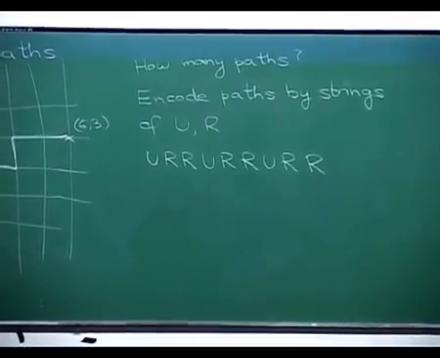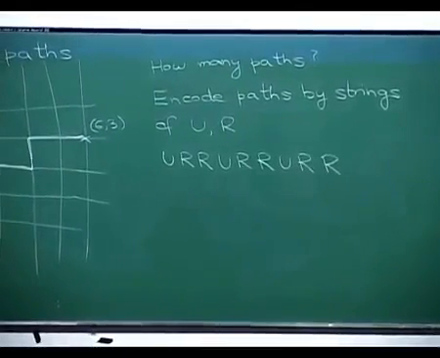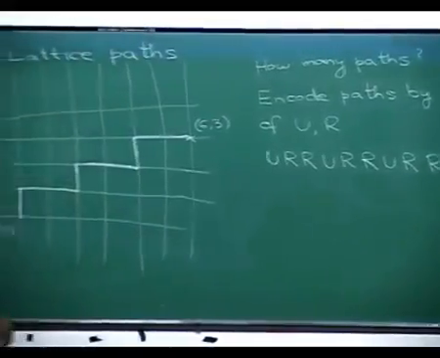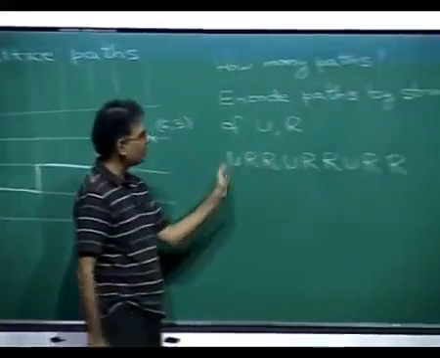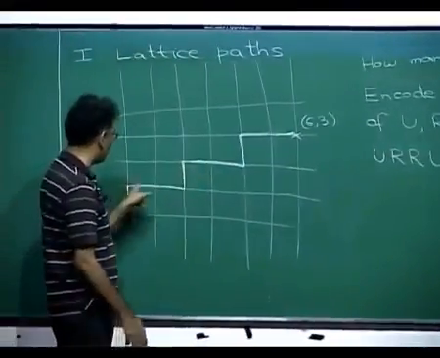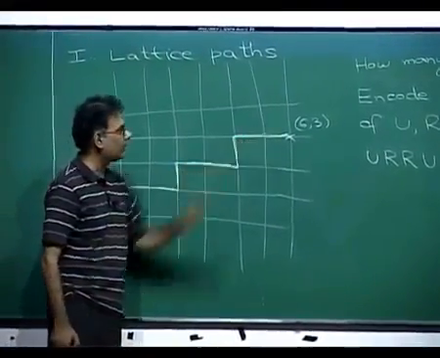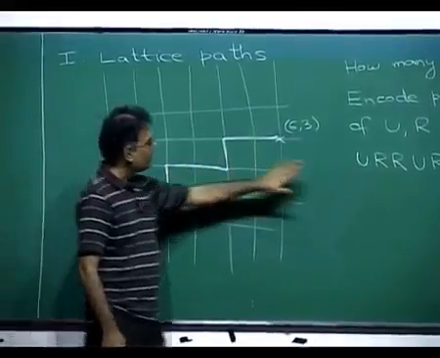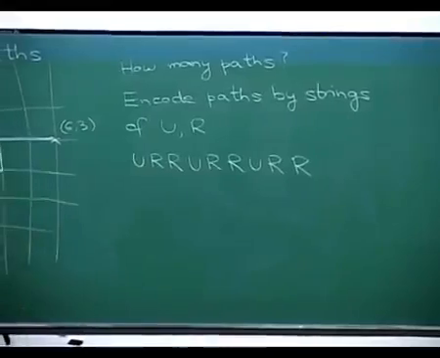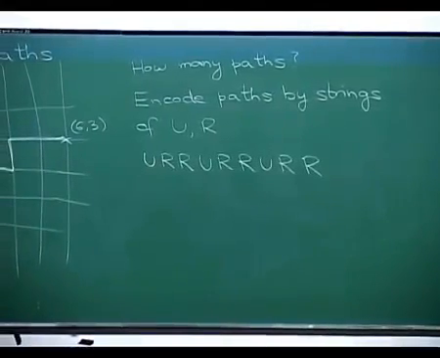Any path will be encoded by one such string. Essentially counting the number of paths means counting these strings. Once you have the string, you also have the corresponding path by following what it says. So we have changed the counting problem to counting strings, which is a bit easier to do. So we would like to count those strings.